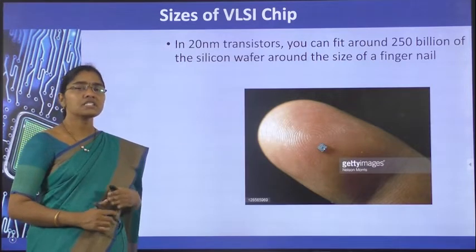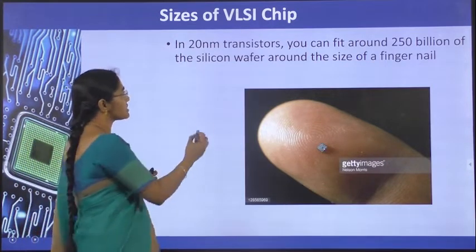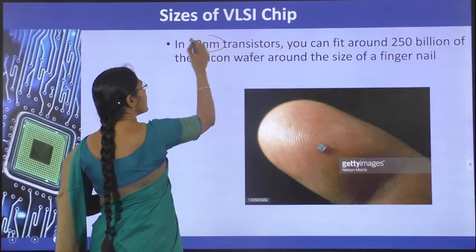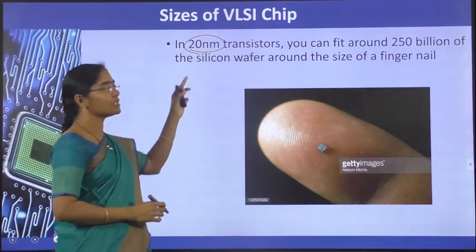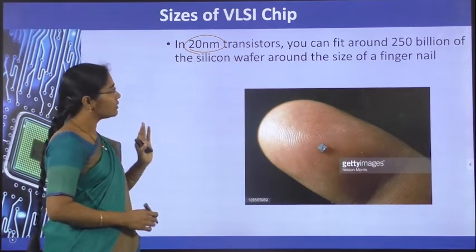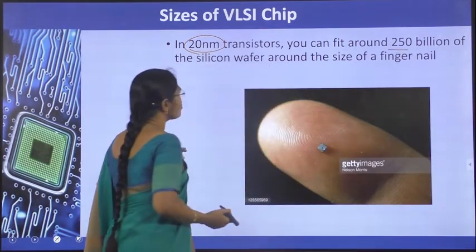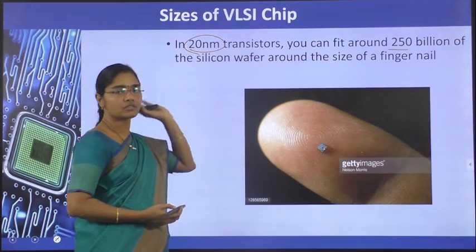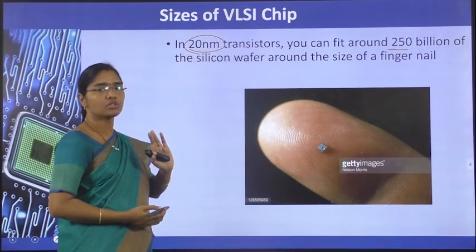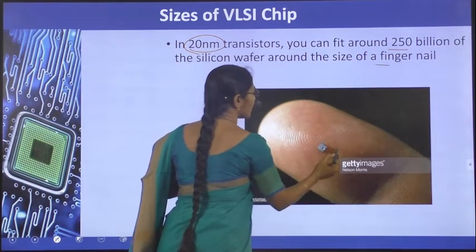Then the size of the VLSI chip. What is the size of the VLSI chip? With a 20 nanometer transistor length, we can fit around 250 billion transistors on a single silicon floor, that is around the size of our fingernail, this much.